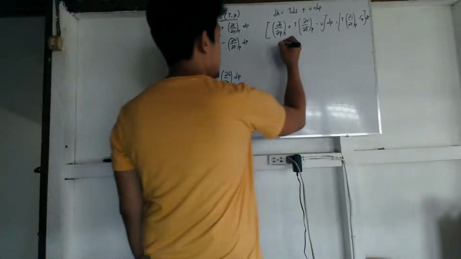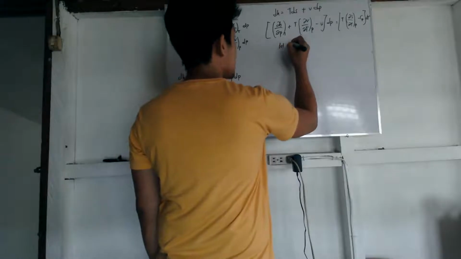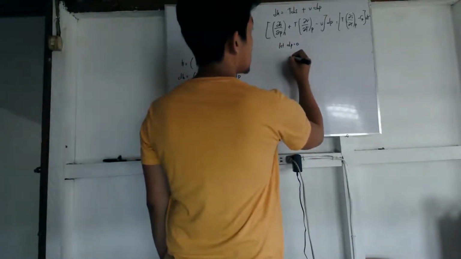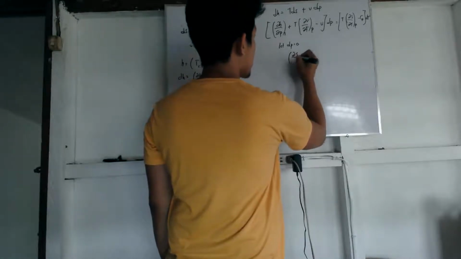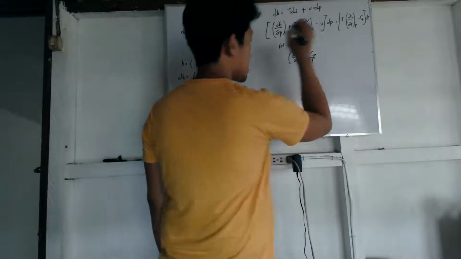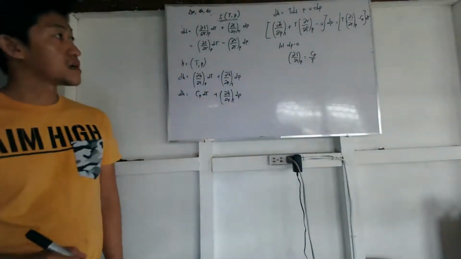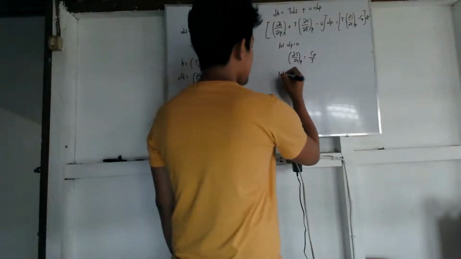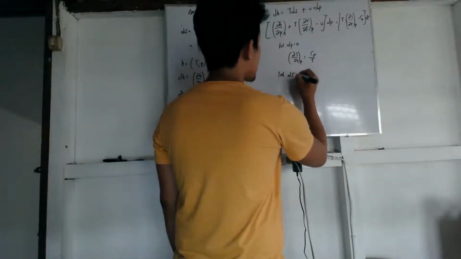Now, first scenario, let dP equal to 0. Therefore, you have partial of S with respect to T equal to Cp over T. And then we let dT equal to 0.